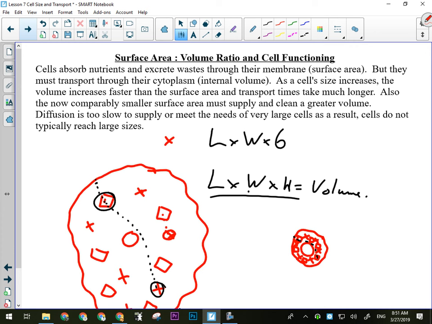So a cell can still acquire more nutrients through a larger cell membrane. Its problem is that as it gets bigger, its ability to move those acquired materials is reduced because now its internal volume is so large that it takes forever for stuff to get from the membrane where it's acquired to wherever in the cell it's needed.